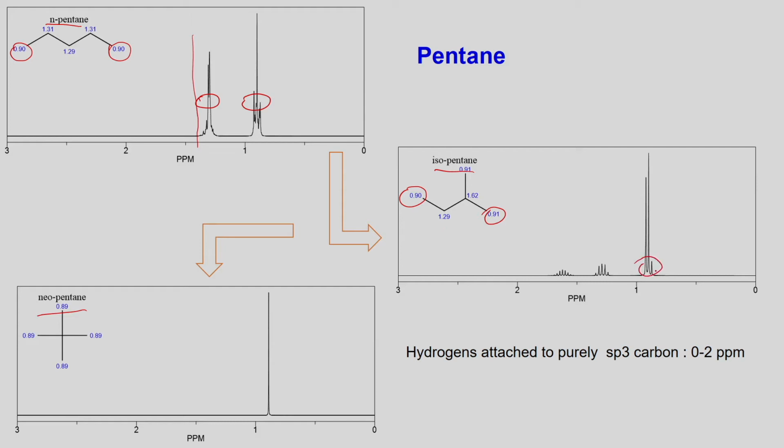The difference is a little bit more marked when it is close to 0, let us say here 1.29 and 1.31. So, it somewhat increases to 1.62. Hydrogens attached to purely sp3 carbon atoms should lie between 0 to 2 ppm.